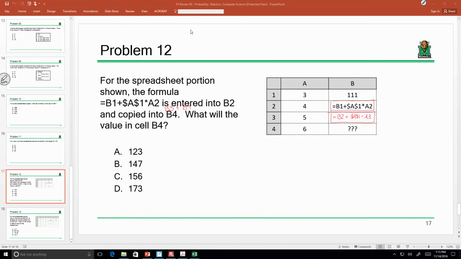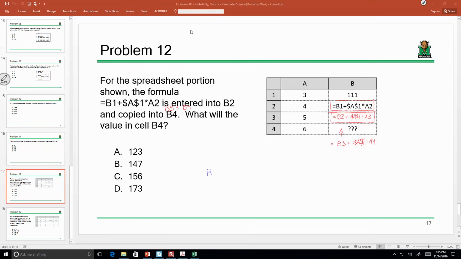There you go. And if I copy it down here, it's going to be equals B3 plus A1 times A4. Sound good? So let's take each of these one at a time. Let's start off with B2.